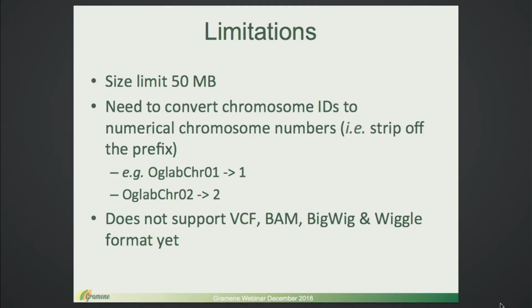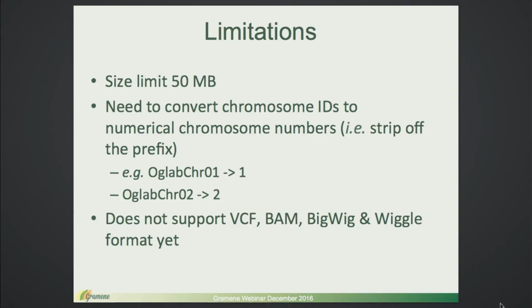You'll probably have to strip off the prefix if you have an ID, for example chromosome 1. You need to strip off the prefix to just the number of the chromosome. The reason for that is that's how the genome assembly is integrated into the browser. If you have a scaffold ID or something, then you need to match according to what you have on the browser.